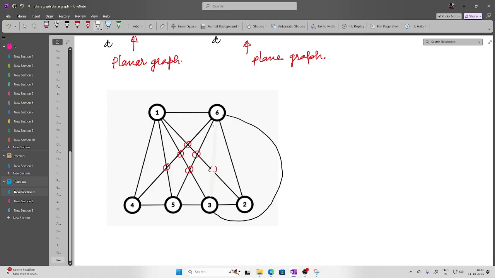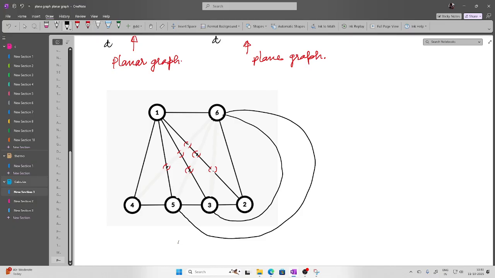Then I can remove this edge also, and now I can draw this edge from outside like this. Again there is crossover here, here and here because of this particular edge. So I'll remove this edge and draw this edge from outside.